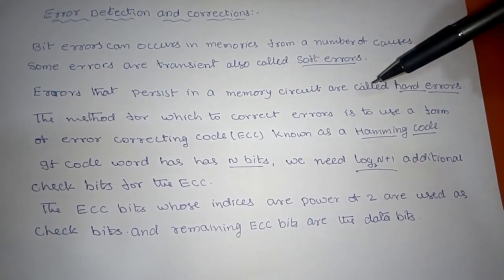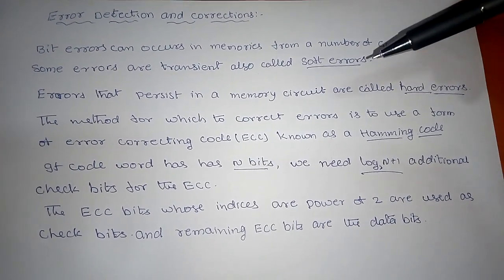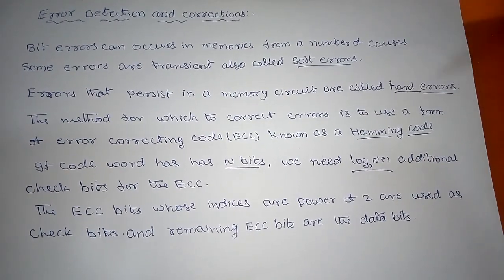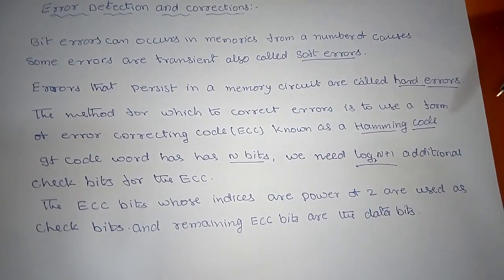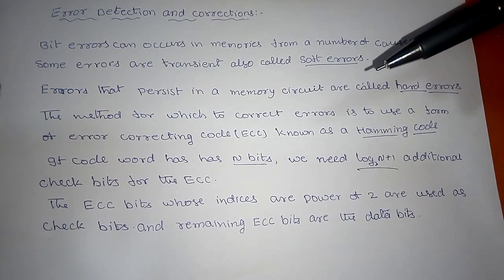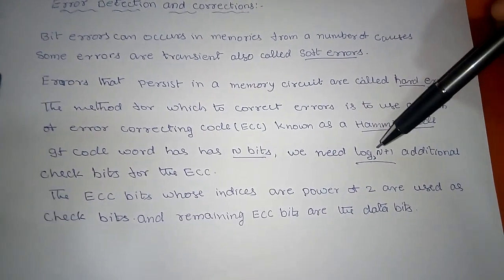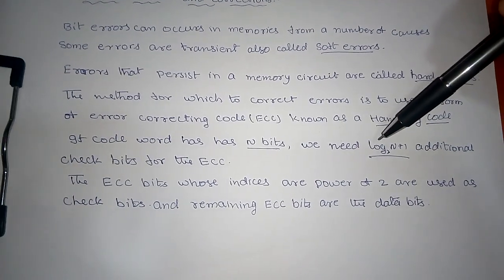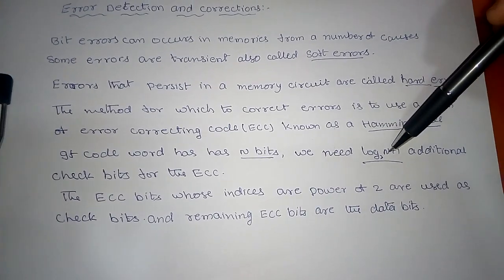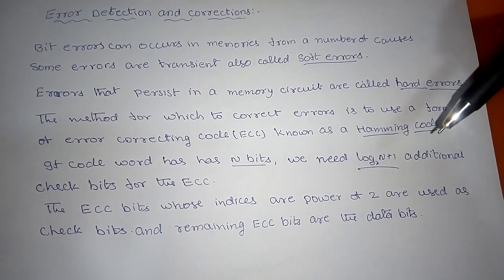Among them, one method to correct the error is the error correction code, ECC, known as Hamming code. In this Hamming code, if the code word has n bits, we need 2 to the power of log base 2 n plus n additional check bits for the ECC.